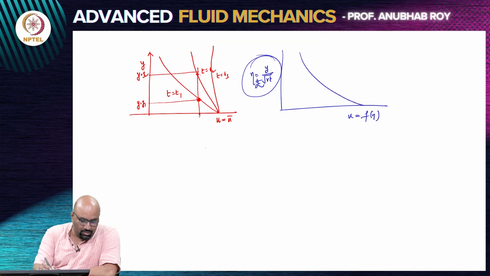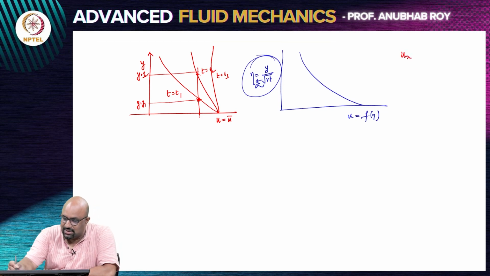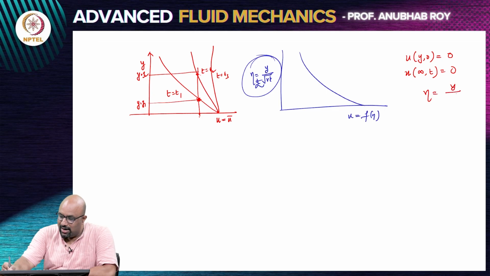So, now what about the boundary conditions? The boundary conditions: u at all y for t equals 0 is equal to 0, and the other boundary condition is at infinity for any finite time it is equal to 0. Now, eta is y by square root nu t.